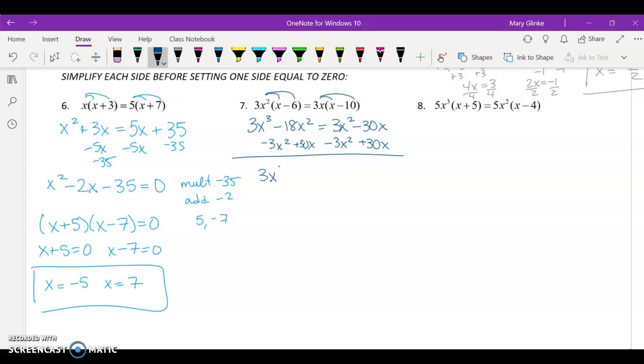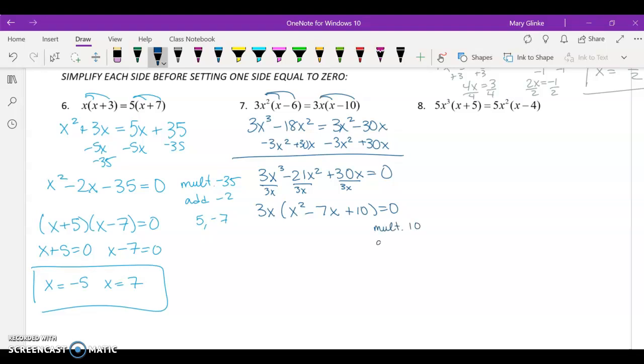So we get 3x cubed minus 21x squared plus 30x equals 0. To factor, you always look for a GCF. These have a 3x in common, so we're going to factor out that 3x to get x squared minus 7x plus 10 equals 0.